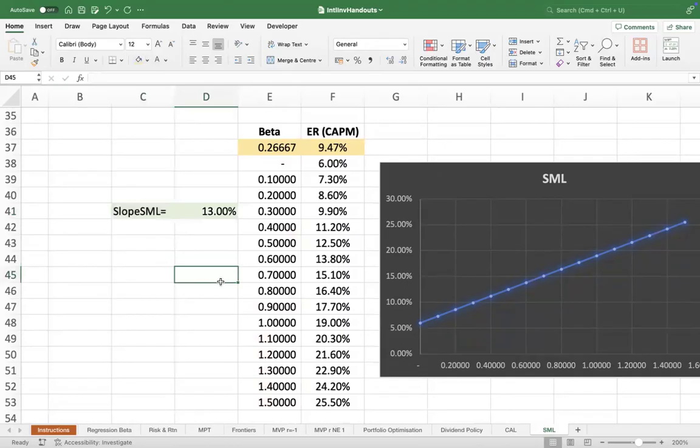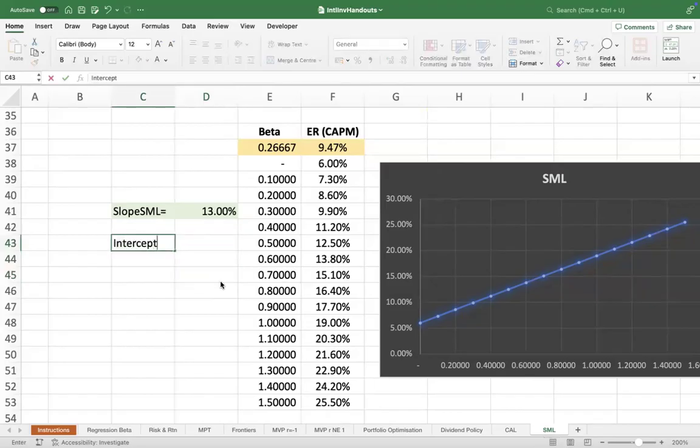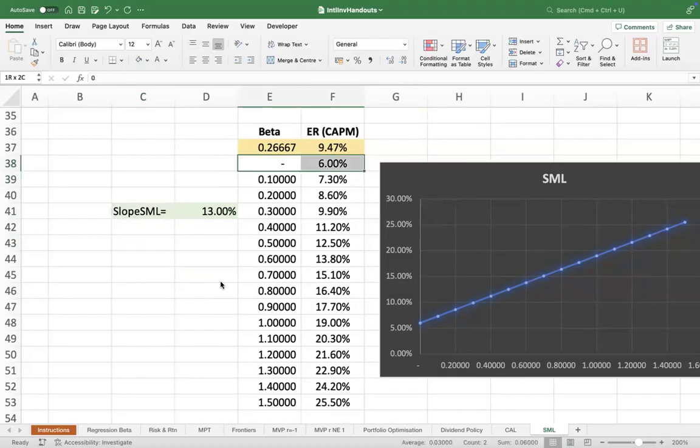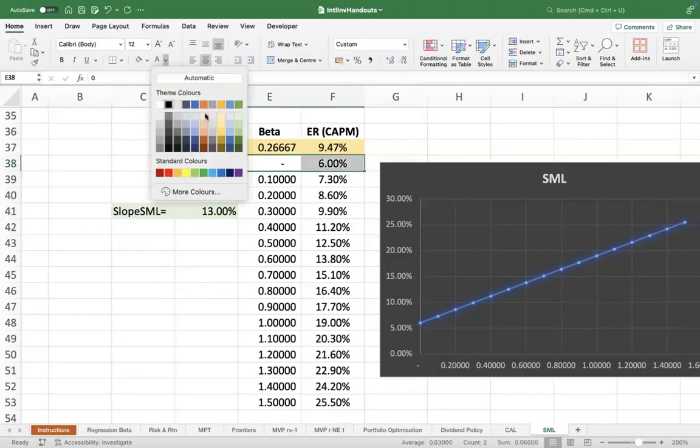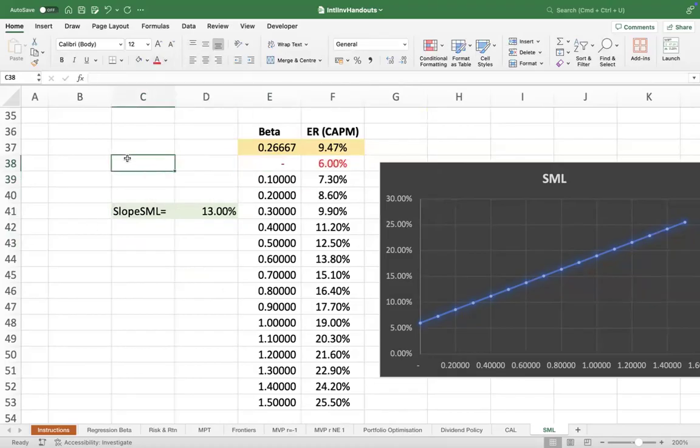This is your slope of 13%, which is nothing but RM minus RF. RM is 19%, RF is 6%. So 19 minus 6, 13% is your slope. And what about the intercept? You don't need to do it. It's right here. This is your intercept. When there is no beta, you will still have a 6% return.